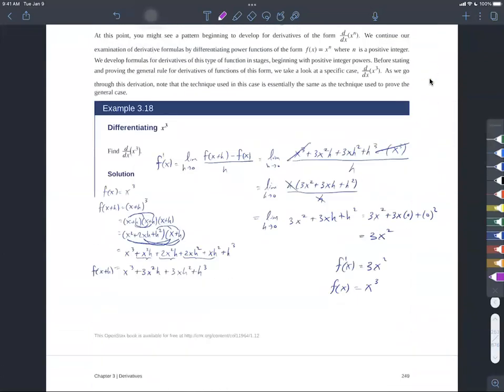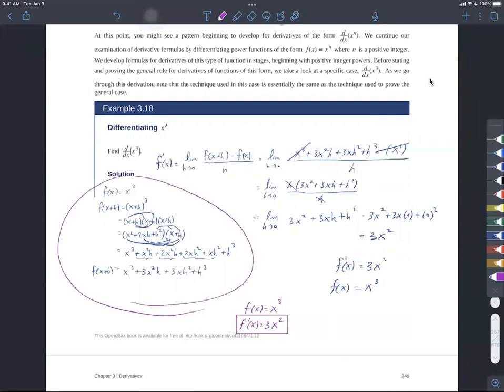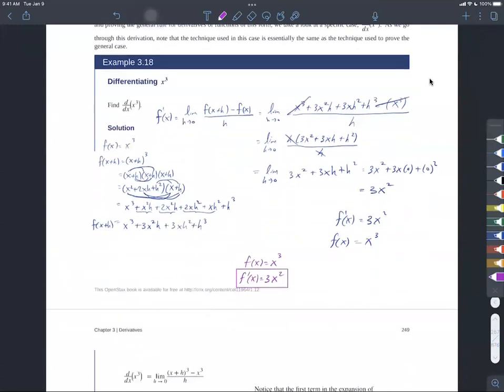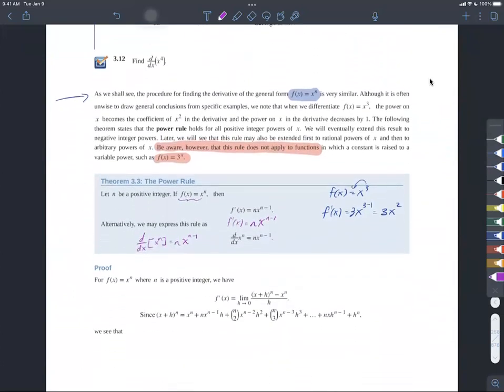Here's all the work, right? But just using the power rule, x to the 3rd, we bring the exponent down, subtract 1 from the exponent, and we're done. Notice how fast that is compared to all of the prep work that we had to do just to start the limit definition. This is way faster.